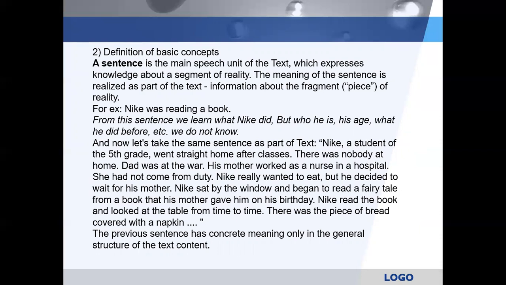So we can say that from the content of the text, we know a lot of information.